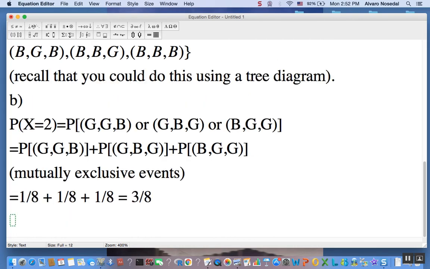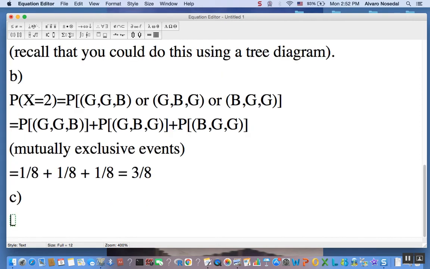so a probability distribution, a discrete probability distribution, is nothing more than the list of possible outcomes for x with their corresponding probabilities. Okay, so here we go. The probability distribution, as we said, is a list of possible outcomes with their corresponding probabilities.